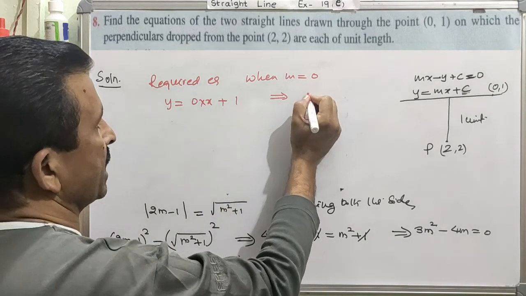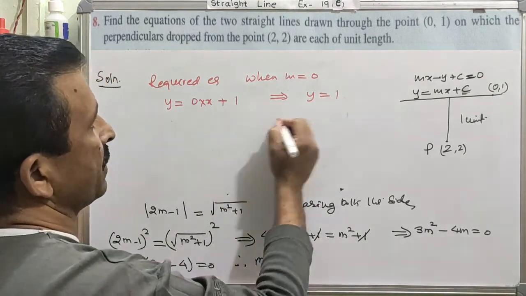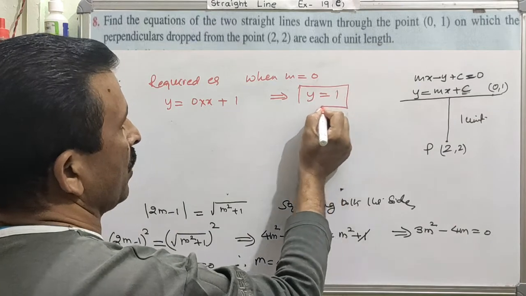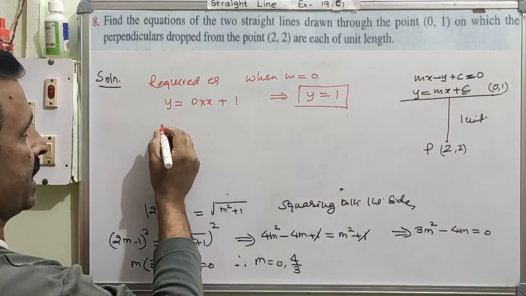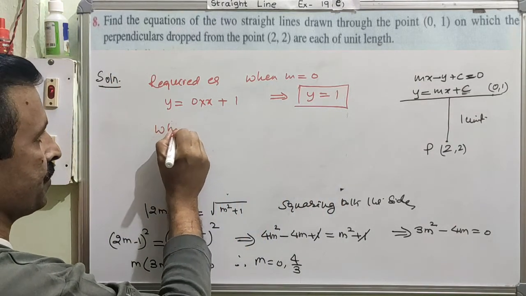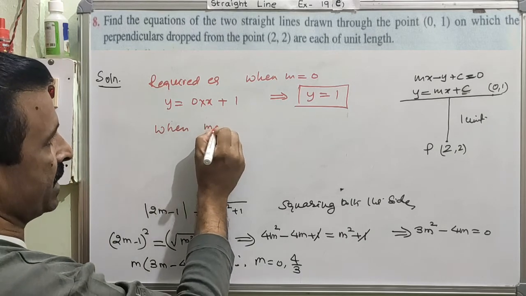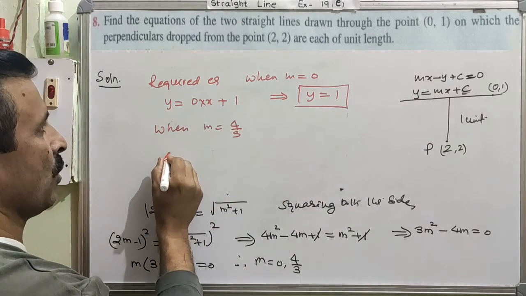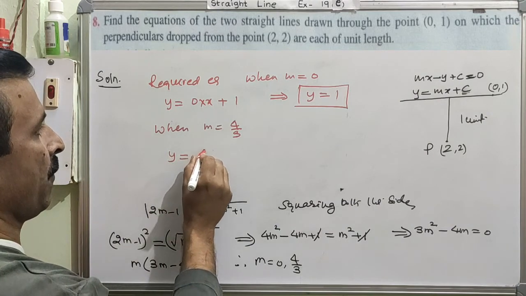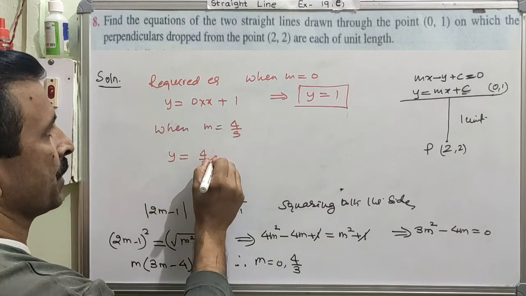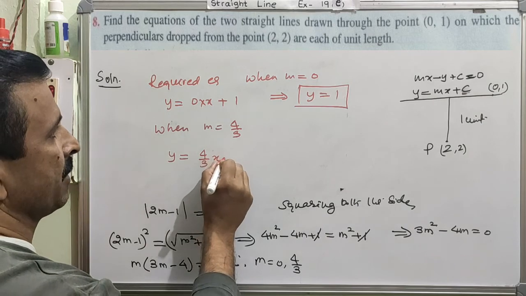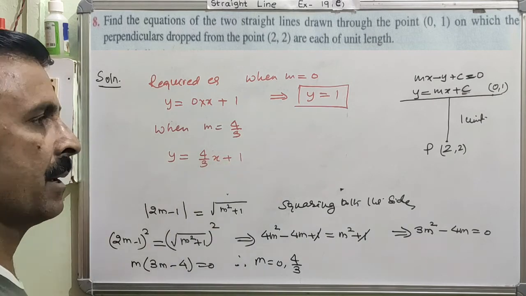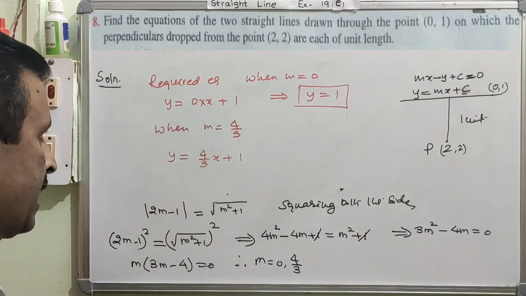Therefore your first equation is y is equal to 1. This is your equation number 1. This is the first equation of your line. Another equation is when m is equal to 4 over 3. So put in this equation, y is equal to 4 over 3 x plus 1. Clear? So this is your second equation.